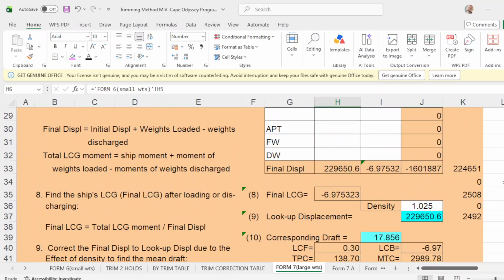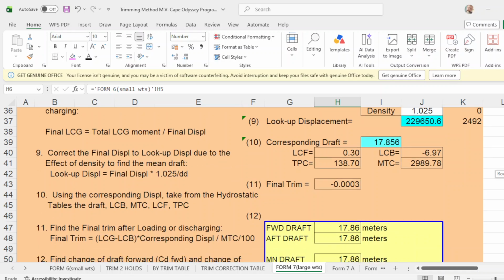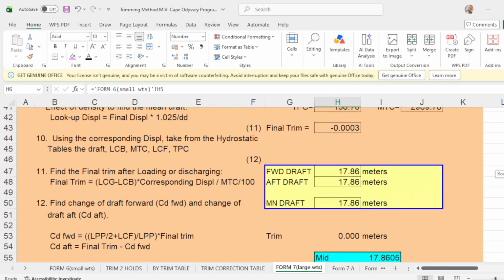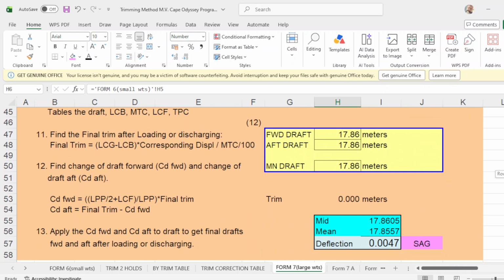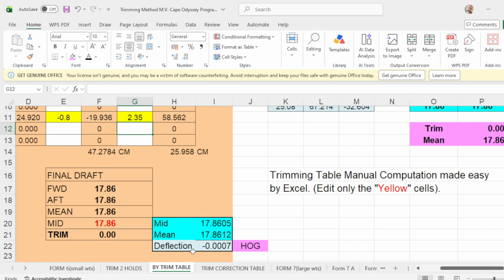This is your density, and your final drop forward and up is even keel. Forward is 1786. Up drop is 1786. Your main drop is 1786. Zero trim, and you have zero deflection. Okay? So this is program form 7, number 1, 2.